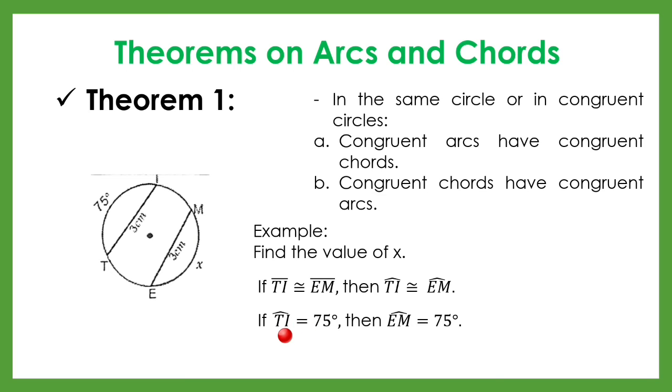Therefore, if arc TI is 75 degrees, then yung arc ME naman natin ay nagme-measure ng 75 degrees. So, parehas na 3 centimeters to. Therefore, parehas na 75 degrees naman yung arc. That is based from Theorem 1.